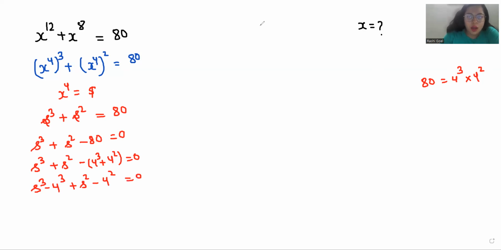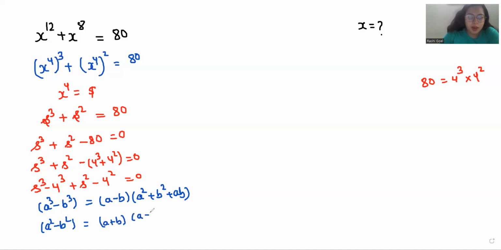So here now I am going to use two very famous formulas, that is a cube minus b cube, which is equal to a minus b in bracket a square plus b square plus ab, and a square minus b square, which is equal to a plus b, a minus b.